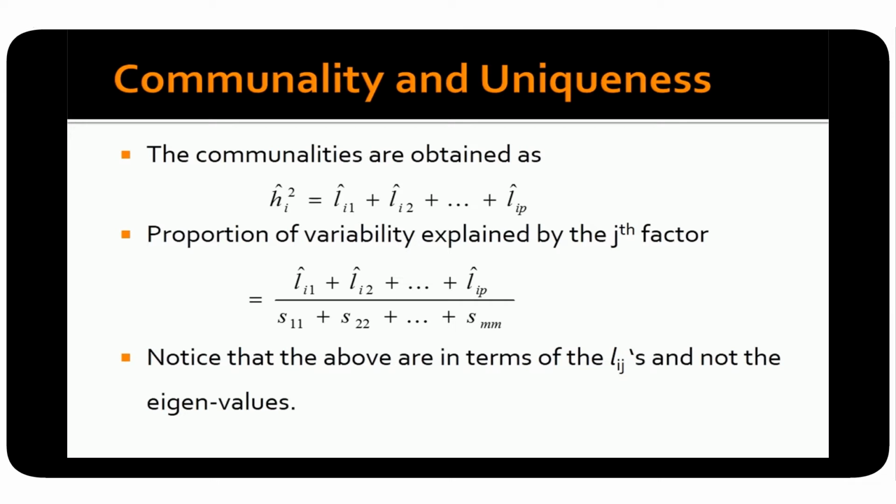Now let us look at how you estimate the communalities from this. hi hat squared would be Li1 hat squared plus Li2 hat squared plus Lip hat squared, and therefore the proportion of the total sample variability due to the jth factor would be L1j hat squared plus L2j hat squared plus Lmj hat squared divided by S11 plus S22 plus Smm, and this would tell us how much of the variability this component actually accounts for, and that way we can choose the number of factors.